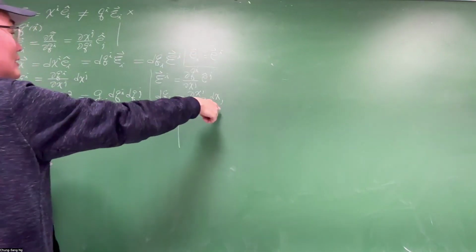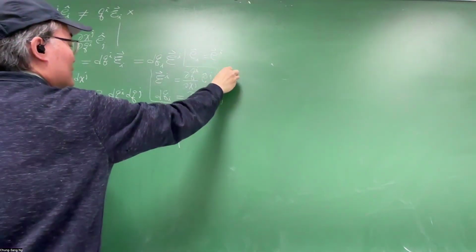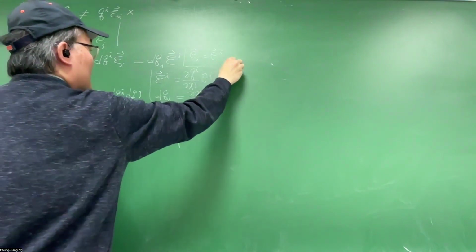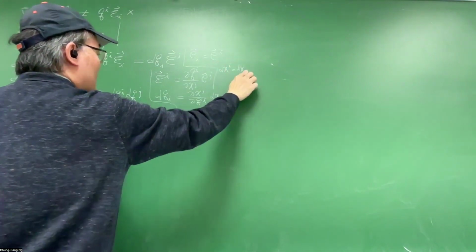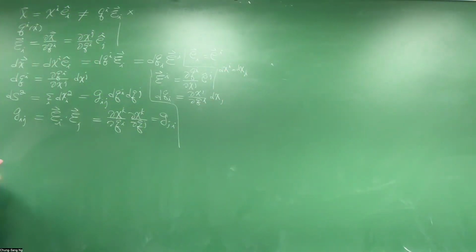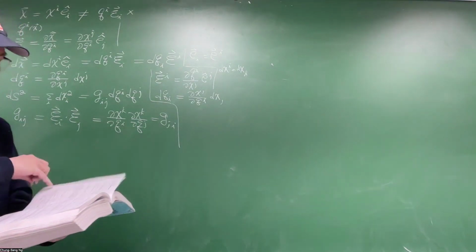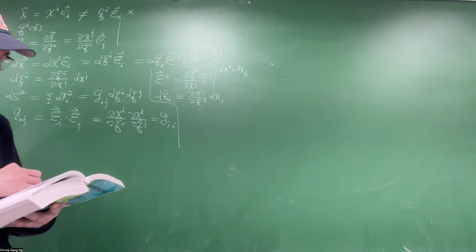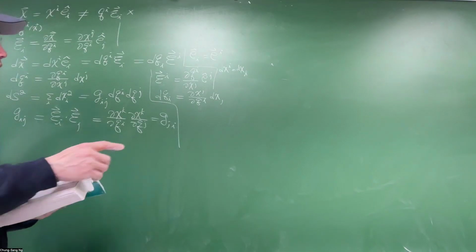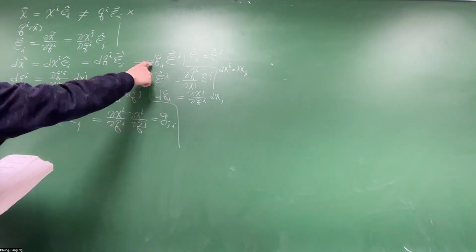But again, in the Cartesian coordinate, dx^i is the same as dx_i, so it doesn't matter. That is how you define this dq_i.